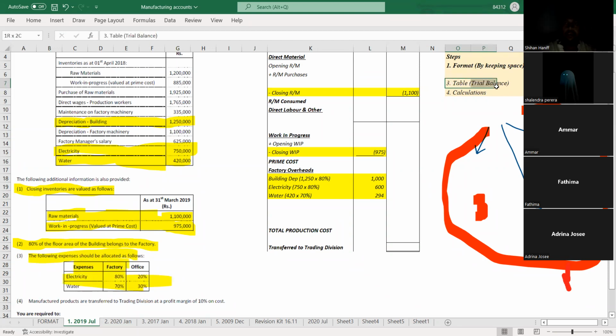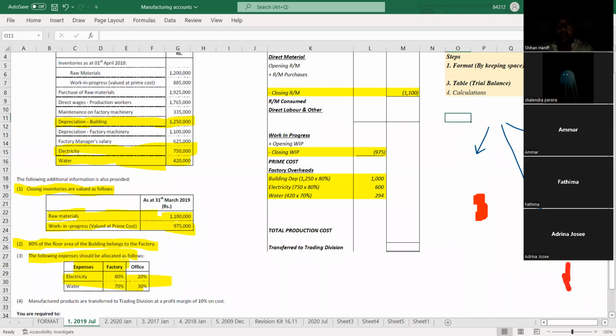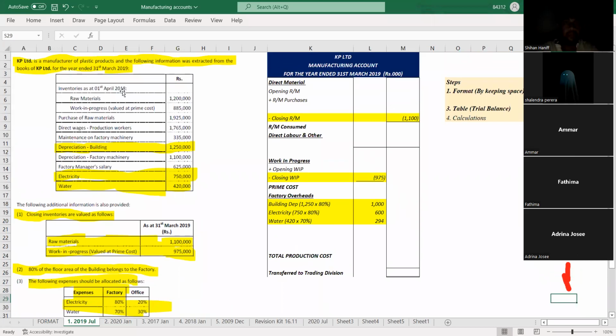Now the third step is the table or the trial balance. Right. So let's look at the remaining balances. Opening inventory, raw material, 1200.